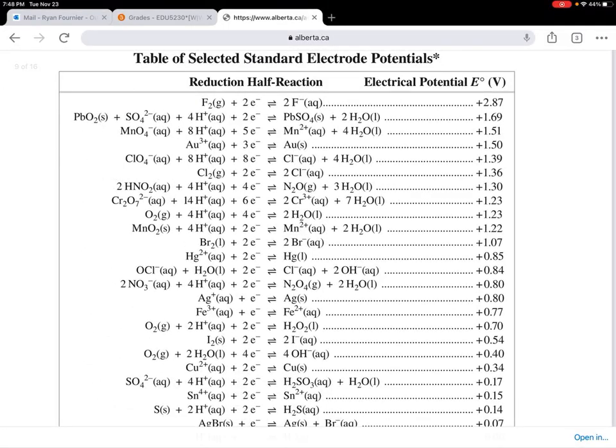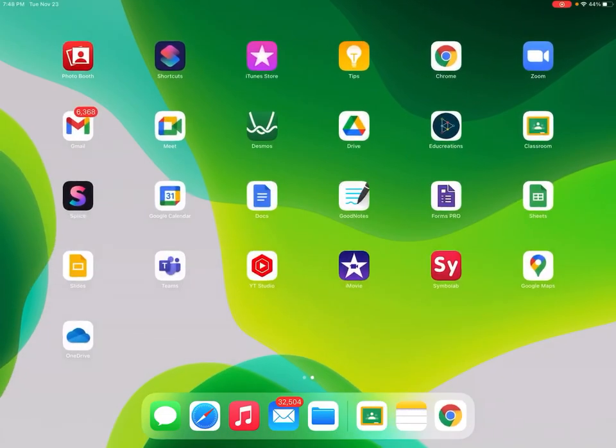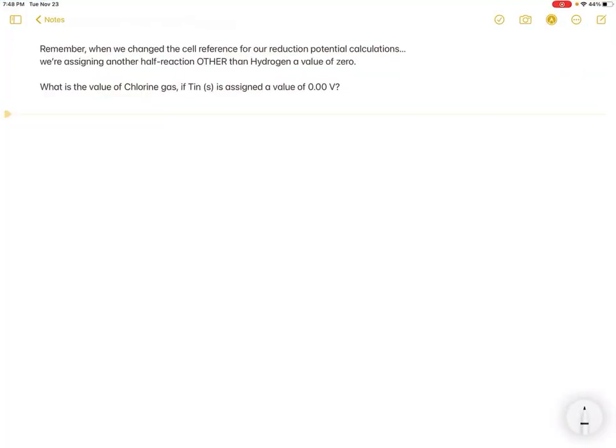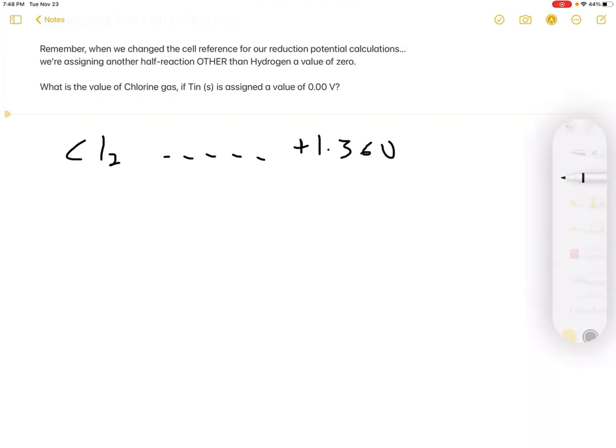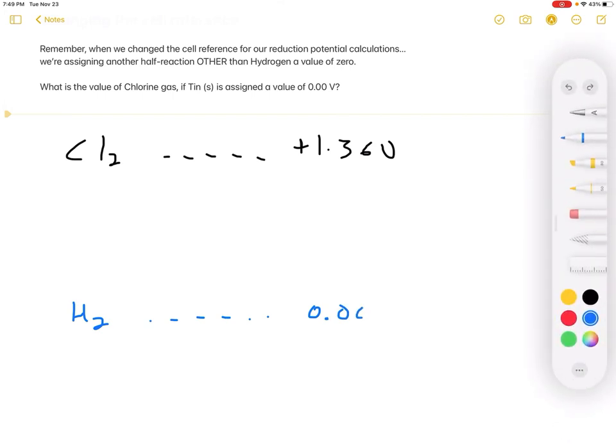Now that 1.36 is when hydrogen is the reference. So if I go Cl2 gas and I see that it has a plus 1.36, that's because when we compare that value to hydrogen and give hydrogen the value of 0, the difference between them is, well, plus 1.36 volts.